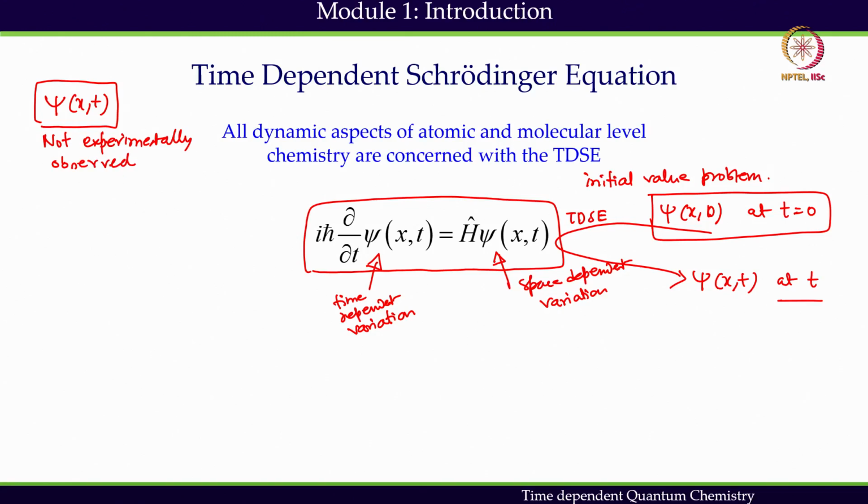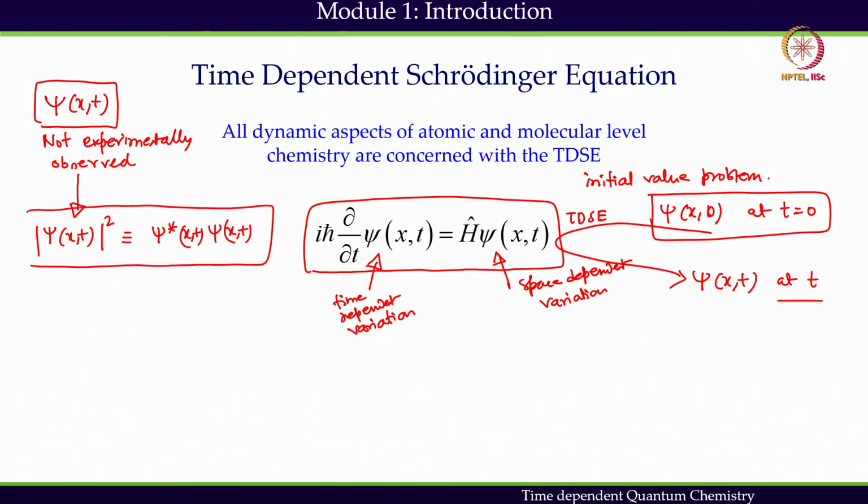Every experimental observable is connected to this quantity, the density, which is expressed by the modulus square, which is nothing but psi star(x), the complex conjugate of that wave function, multiplied by its own form.